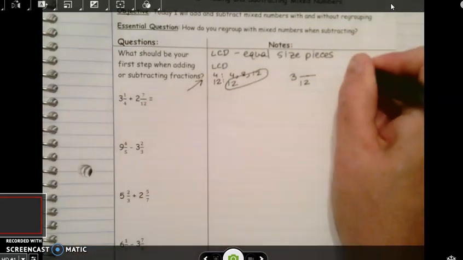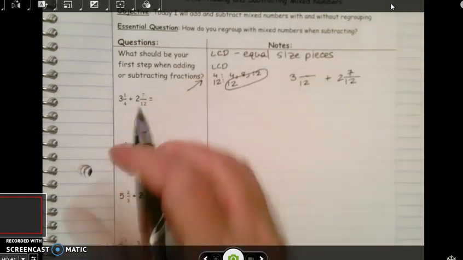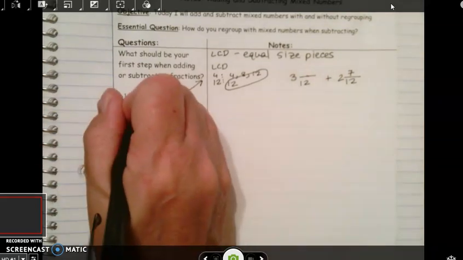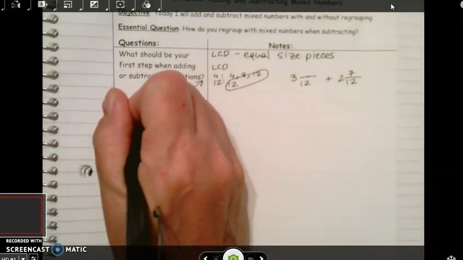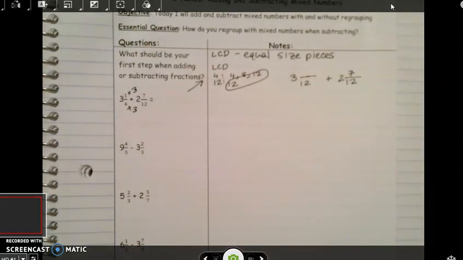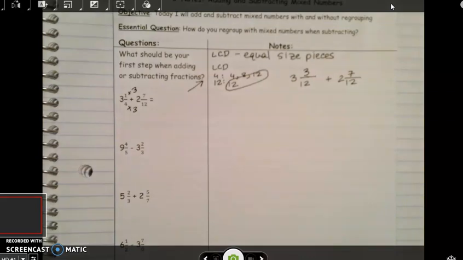So remember, we make equivalent fractions, or in this case, this one stays the same. This one we do. It was a 4, it became a 12. So I have to figure out 4 times what gives me 12, and that would be 4 times 3. Okay, so 1 times 3, which is 3. That is making equivalent fractions, okay?